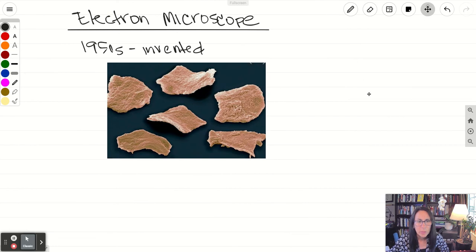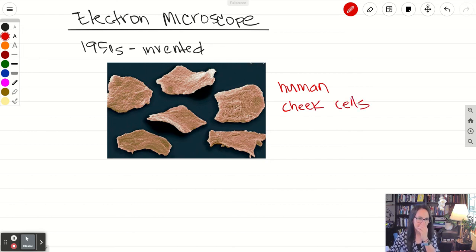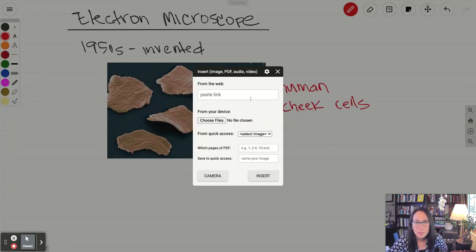So here is what your cheek cells actually look like. I'm going to write a label here. These are human cheek cells. Okay, and let me show you some more pictures.